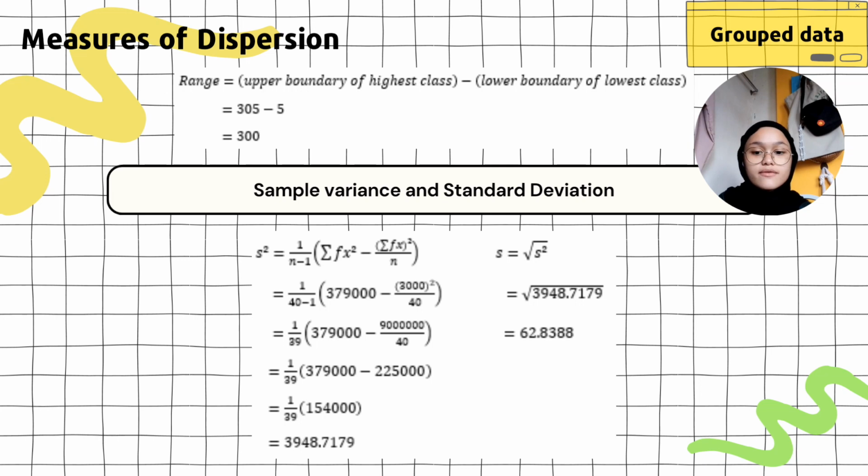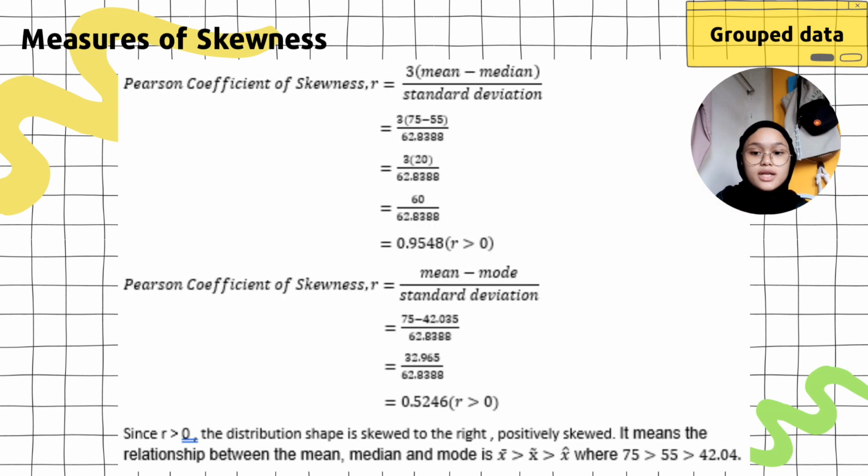We also calculate the variance and standard deviation, which are 398.7179 and 62.82. Then for the measure of skewness, we get from the calculation that R is greater than 0, so the distribution is positive and skewed to the right.